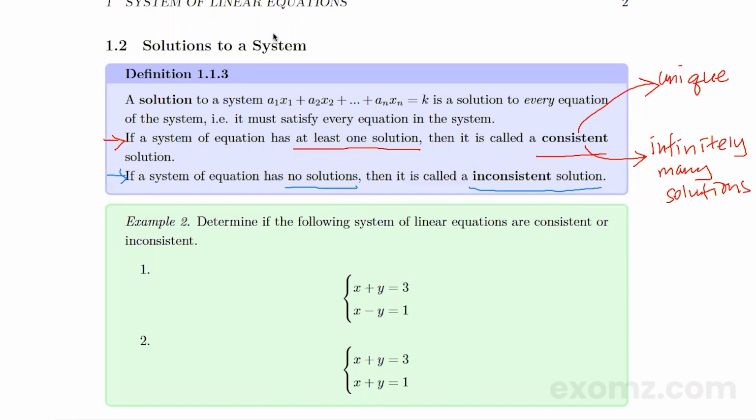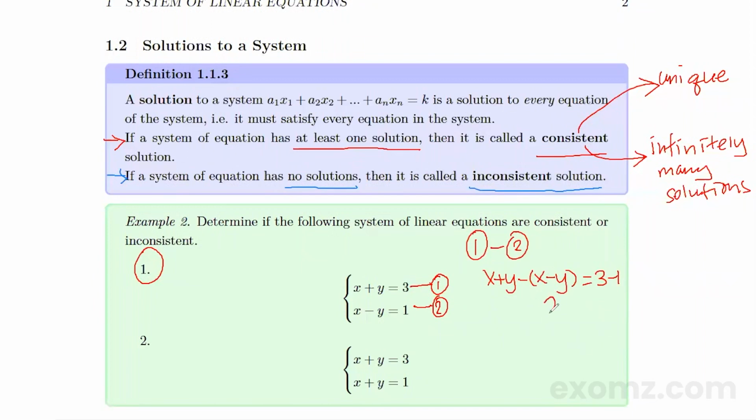So let's take a look at case 1. Case 1 right here, we have x plus y equals to 3 and x minus y equals to 1. Let's define these two equations. Let's call the first one equation 1, and let's call the second one equation 2. We can use subtraction, which is equation 1 subtracting equation 2 to get the value for y. So in this case, we'll be having x plus y minus x minus y equals to 3 minus 1.